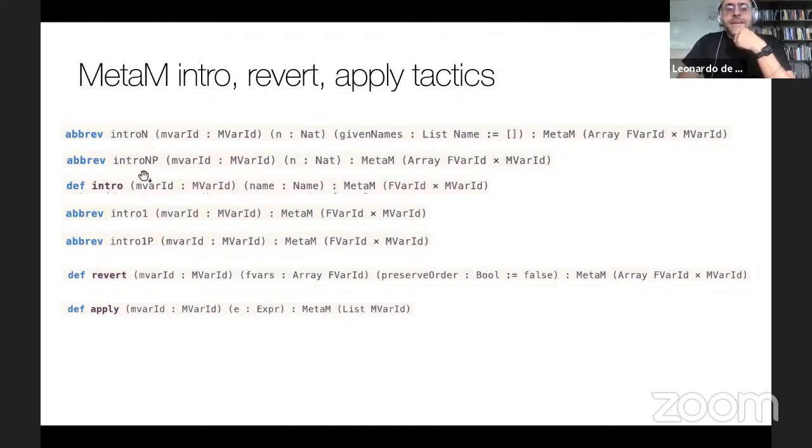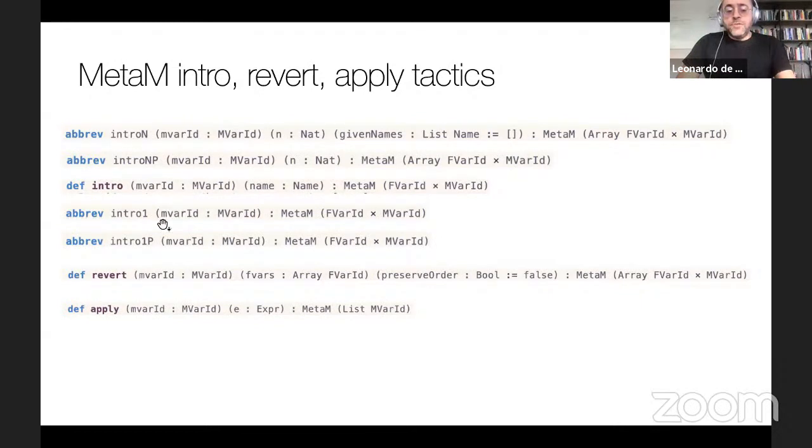And we have many variants of intro. For instance, intro n. If you don't provide a name, the names are going to be inaccessible to the user. This is the default behavior for intro n, but you have introNP, that's intro n but preserving names, right? It's going to use the names in the binders, and make them accessible.